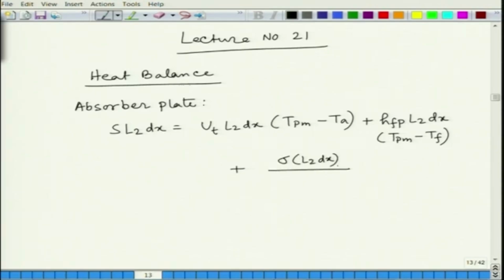That L2 dx area term is common to all the different heat transfer terms, and we have two emissivity terms, epsilon_p and epsilon_b, for the plate and the bottom plate, and it will be multiplied by the difference in fourth power of temperatures between the absorber plate and the bottom plate. So, this is basically the heat balance for the absorber plate.